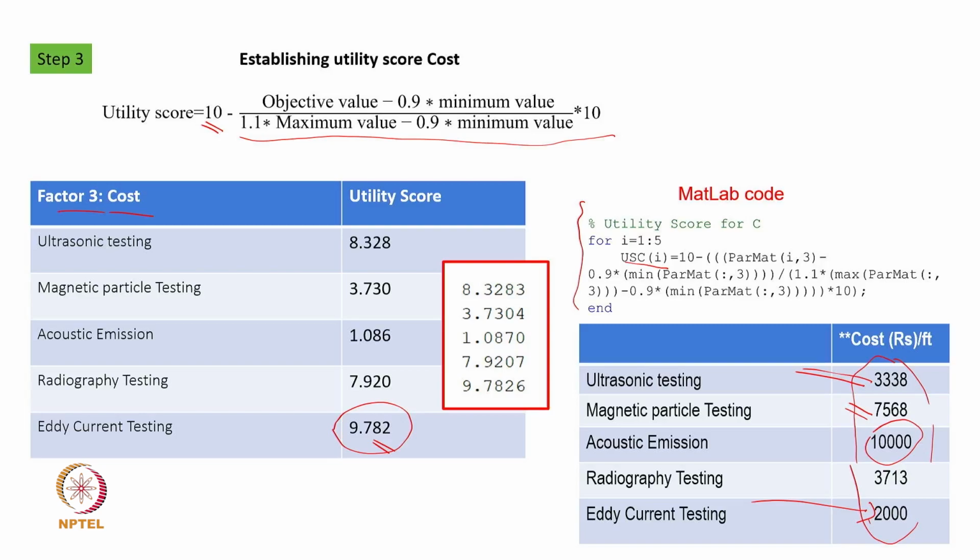However, if we do a lot of literature review, we may get more numbers, and then we can go ahead with the mean value and standard deviation. We can count those things also. Now, here acoustic emission is the worst at 10,000 and is giving a utility score of 1.086. So, this is more or less common.